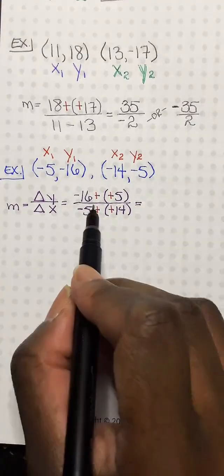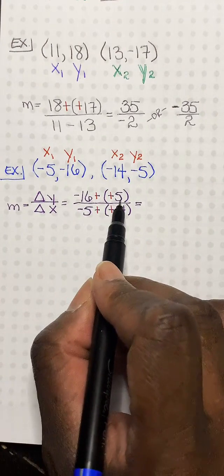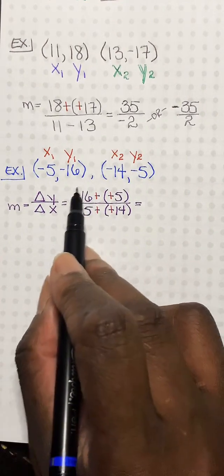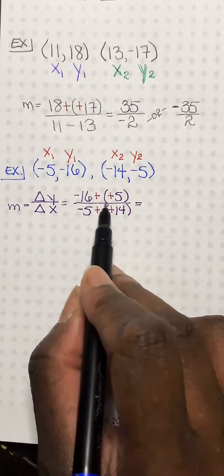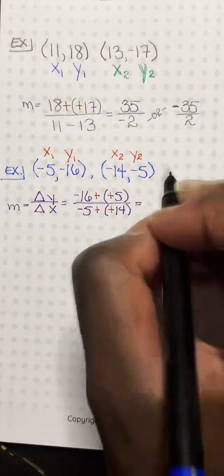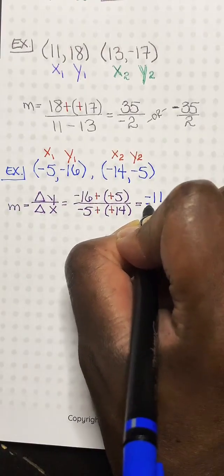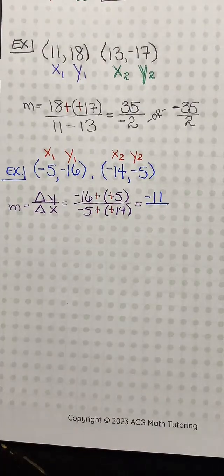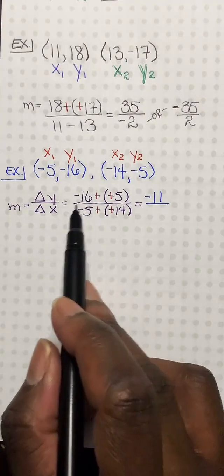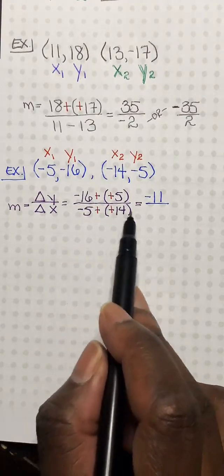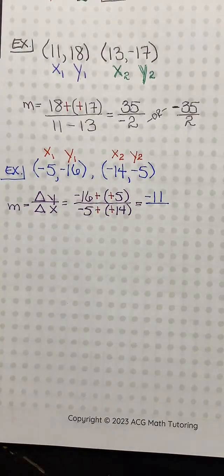So now, negative 16 plus 5. If I owe somebody $16 and I paid them 5, that means I still owe them $11. If I owe somebody $5 and I paid 14, yeah, I don't owe them.